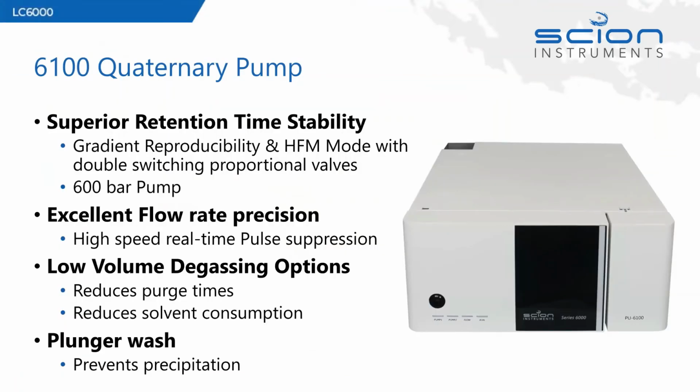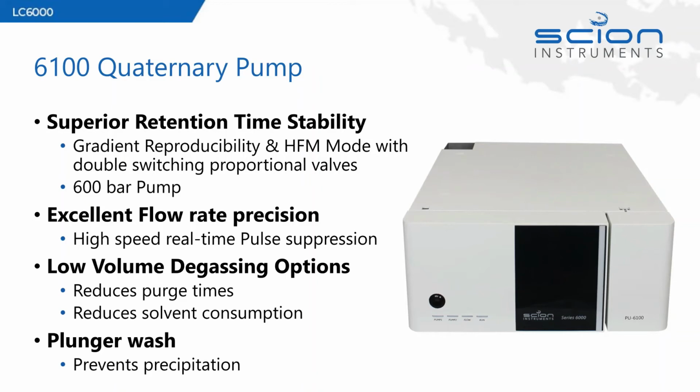So in terms of specifications for the quaternary pump, it is a 600 bar pump, which provides great flexibility in terms of the flow rates and the type of column we can use on the system. We have a thing called HFM mode, which is high frequency mode. It uses a double switching of the proportioning valves, which is critical when we are using a gradient program.